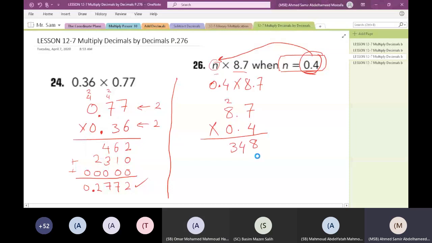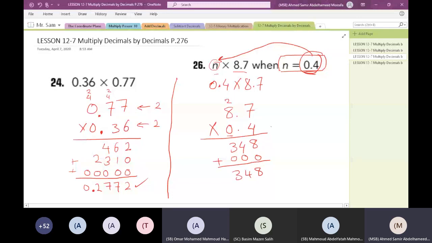But you forgot to put 0 first, because this is second digit multiplication. Yes. Now we add. 348. We don't do decimal like this. The decimal point will be where?